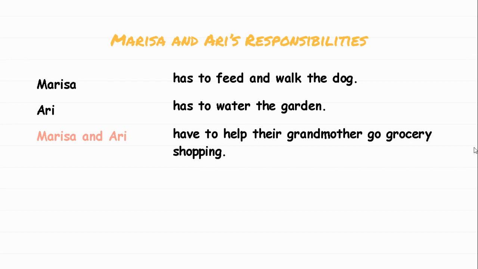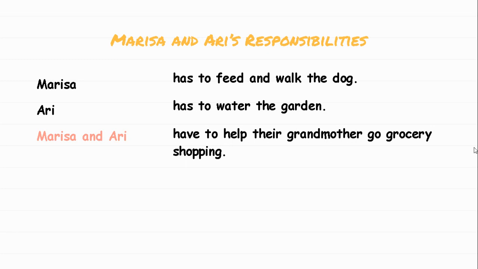Ari has to water the garden. Marisa and Ari have to help their grandmother go grocery shopping. So good. As you can see, we're talking about two people, two girls, and the responsibilities they have.